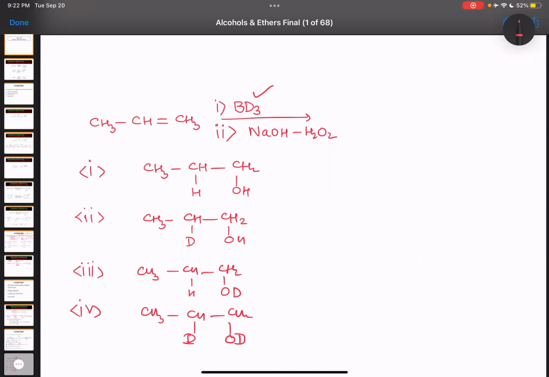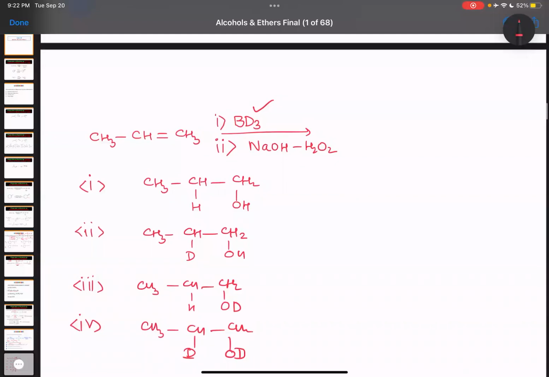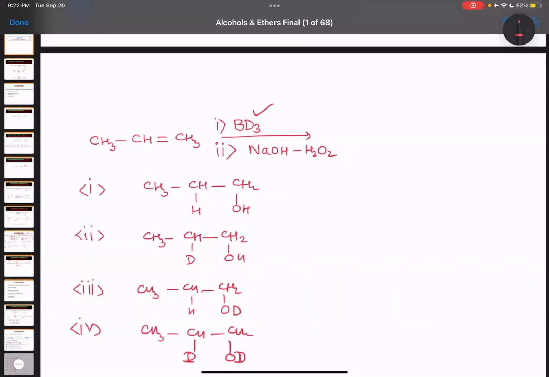This is a mechanism-based question. Sir, this reagent is like diborane?